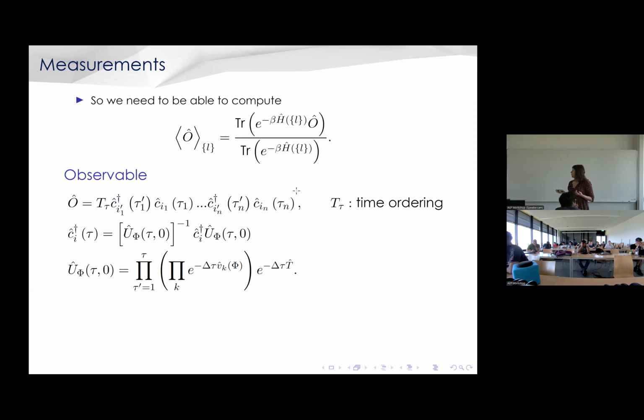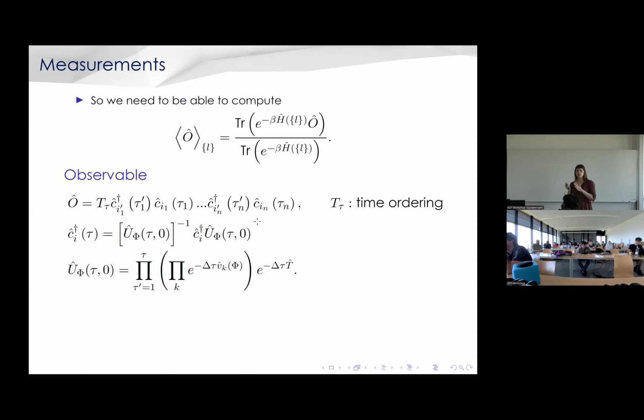And one can go back to the path integral, but I'm going to discuss a generic observable where we're going to have an equal number of C daggers and Cs, but they could be listed in any order. And so you can think of them as each having their own tau. And so you could put them at different times within the trace.